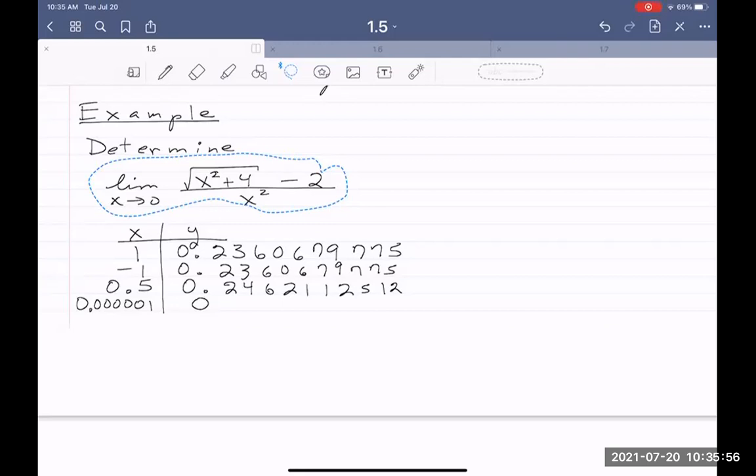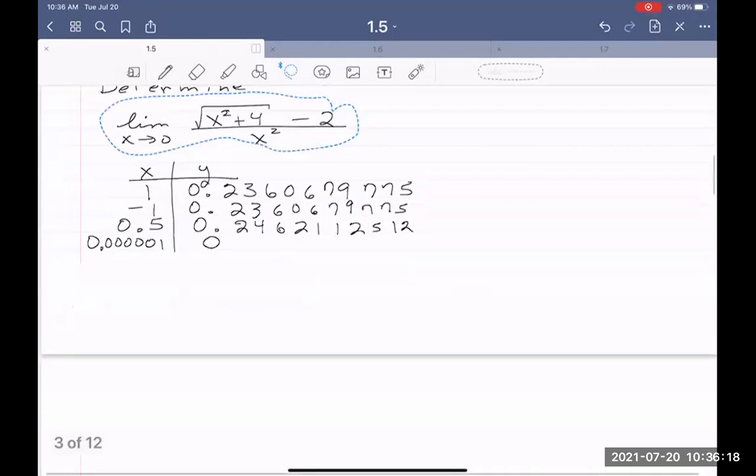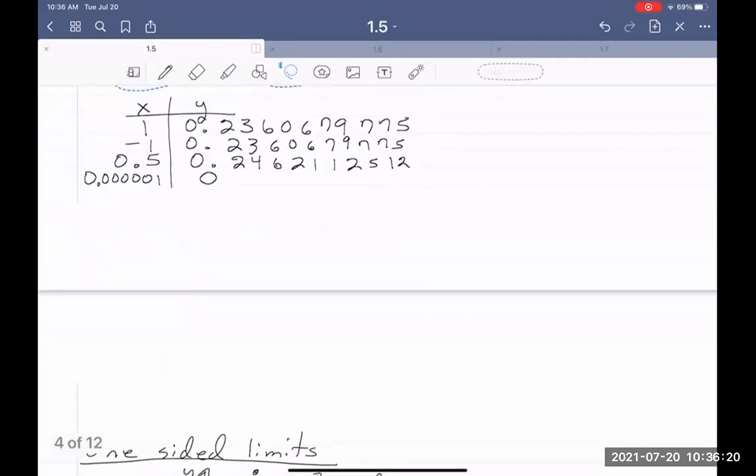So let's plug in another number. Let's say 0.3. If I plug in 0.3, I get 0.24861860935. Maybe I'll write on this for a second. Okay, so let's get some more.